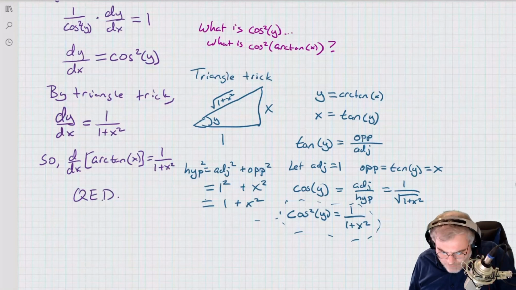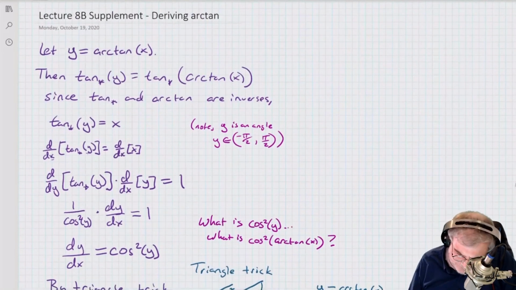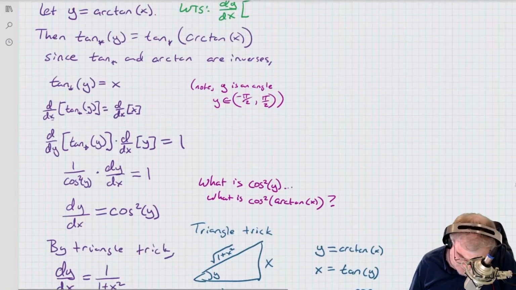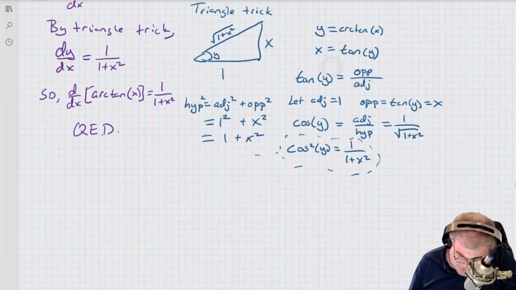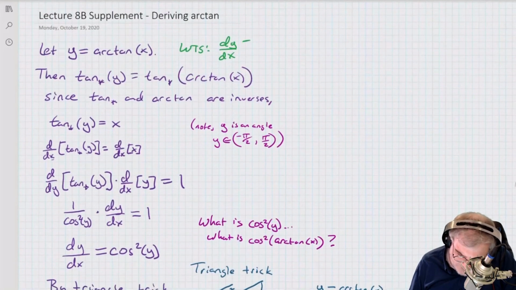Okay, so now when I go back up here, I'm going to write a want to show. I want to show that dy over dx, now that I know what it is, of arctan, equals 1 over 1 plus x squared.